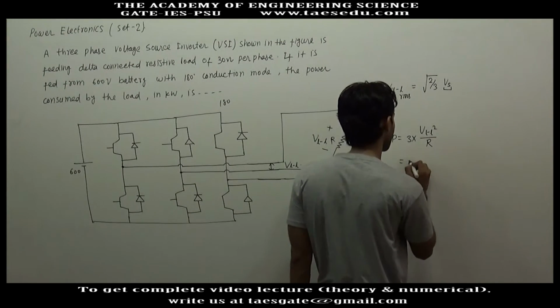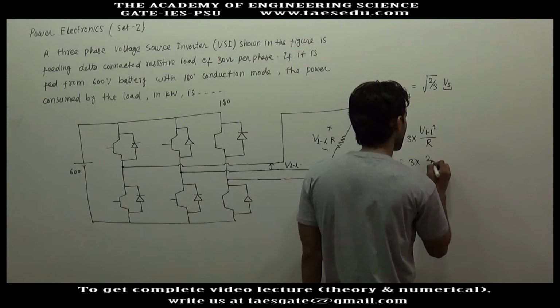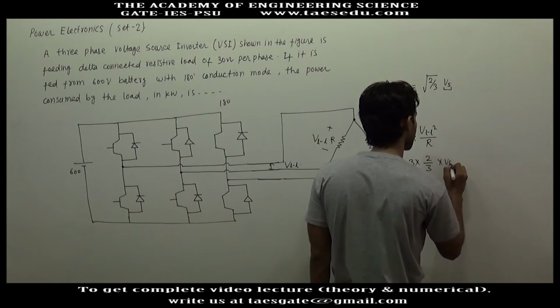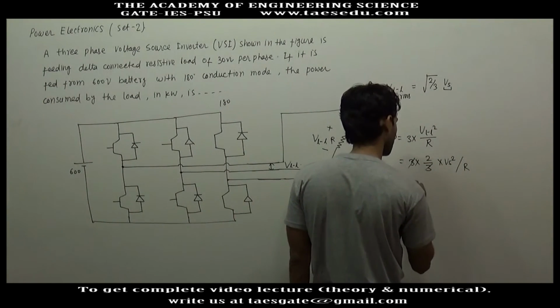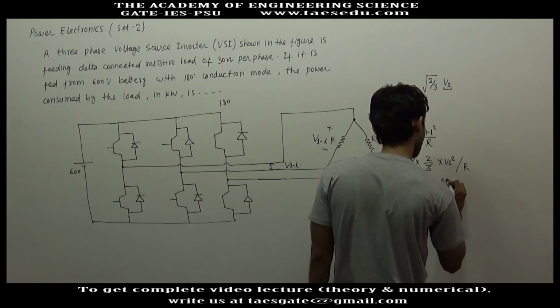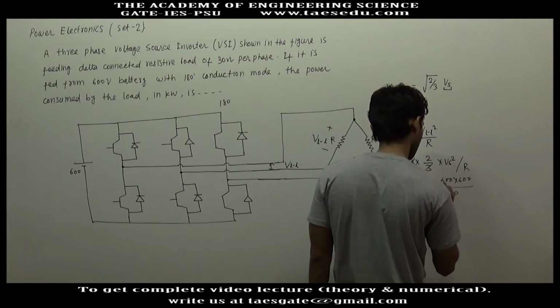So this will be 3 into the square of root 2 by 3 into Vs, squared, divided by R, 2 into 600 into 600 divided by 20.